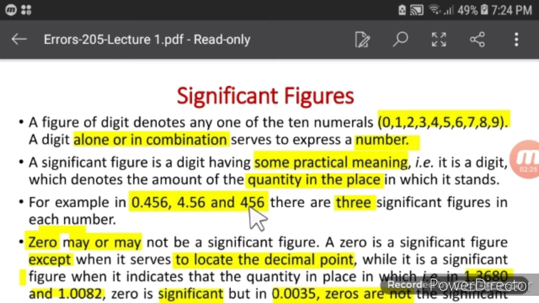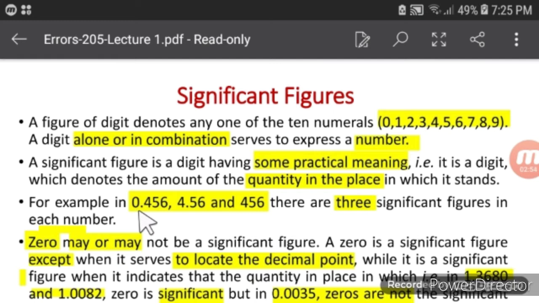Let's talk about the second point. Here 0 may or may not be a significant figure. A 0 is a significant figure except when it serves to locate the decimal point. Like here, in 0.456, the 0 is not significant because it is used to locate the decimal point.